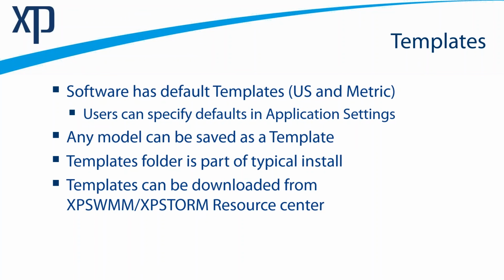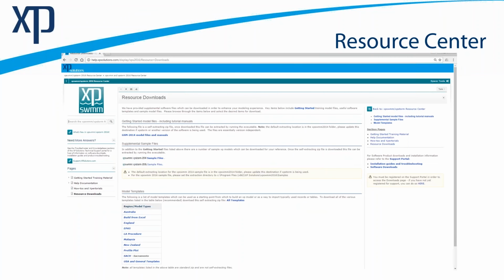But if you go to the website called help.xpsolutions.com and go to the XPSWM, XPSTORM Resource Center, there's a download section and there's some model templates. You can grab all the templates that we have by just clicking on All Templates, download the file, and unzip it. But you could get specific ones, for example, for Australia or Malaysia or New Zealand. You could just go and grab the templates that we have.